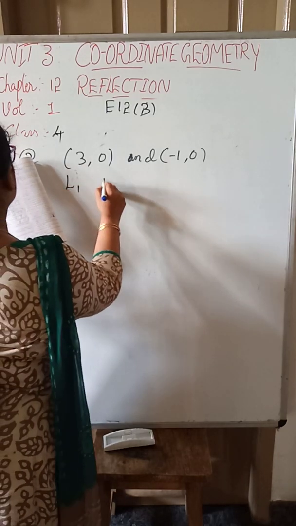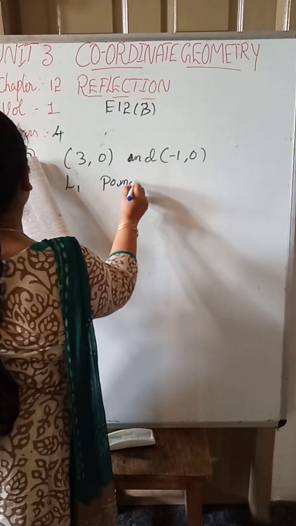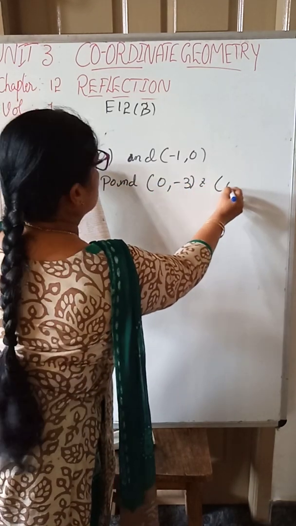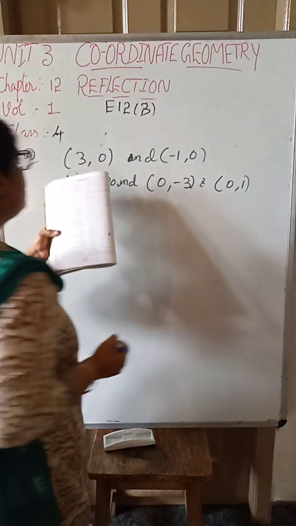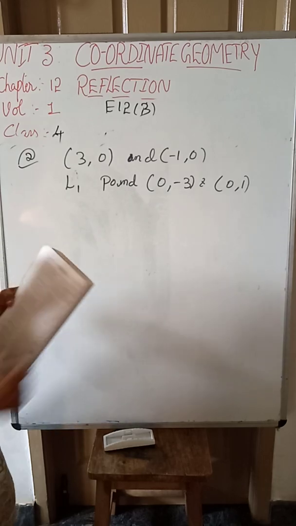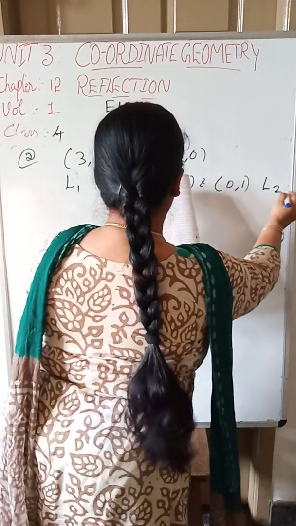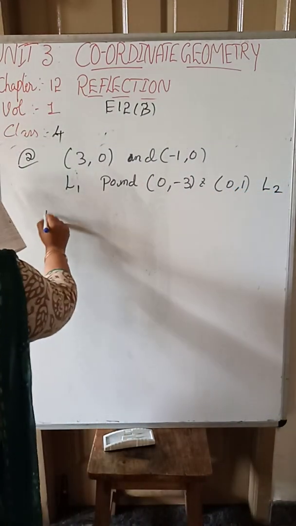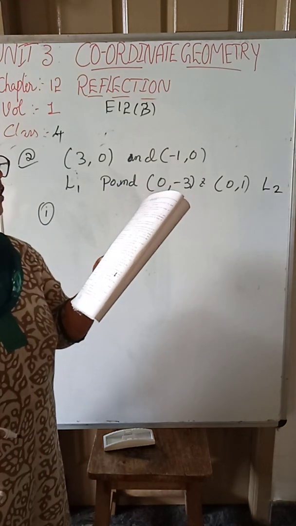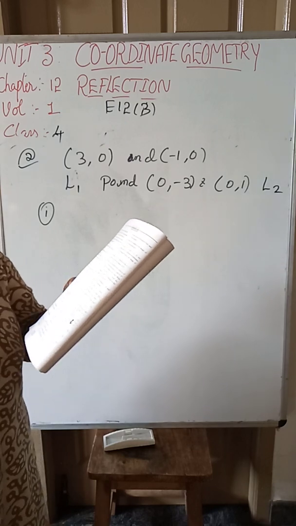Points 0, -3 and 0, 1 are invariant points on reflection in line L2. First question: write down, name or write equations for the lines L1 and L2.